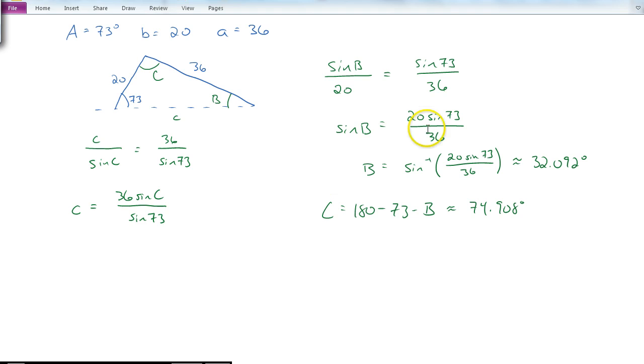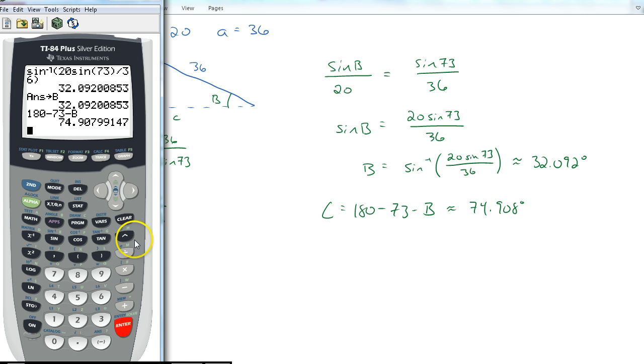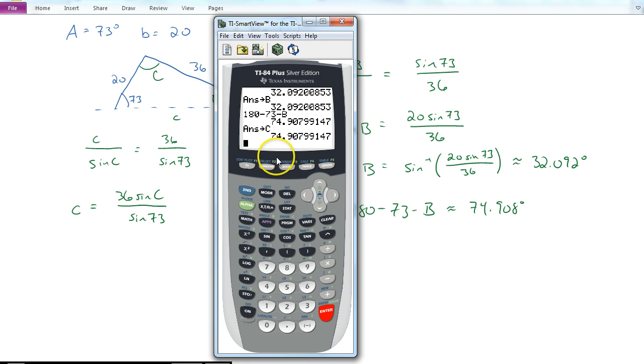Okay, and all I need to do is store angle C right there. So store angle C, alpha C, and I should be able to type this one in right quick. 36 sine alpha C divided by sine 73. And that should give me the side length C, 36.346.